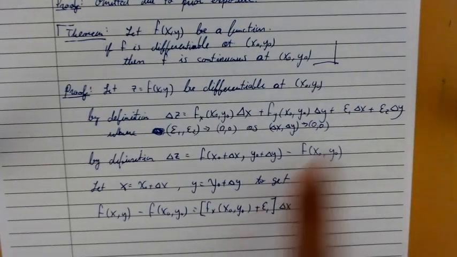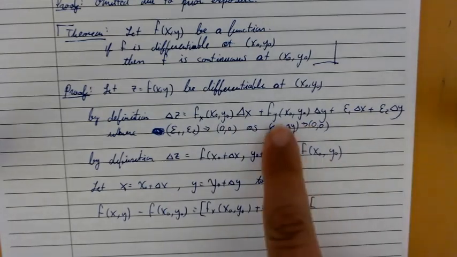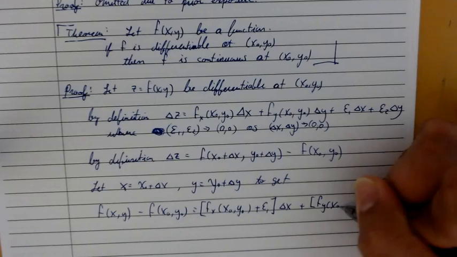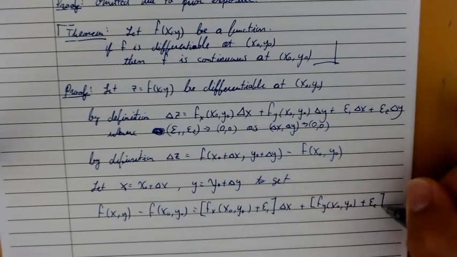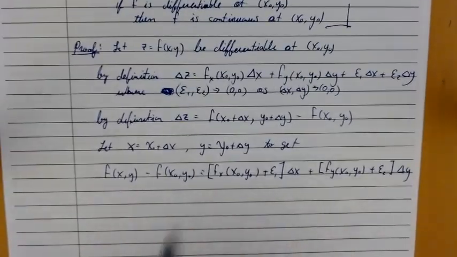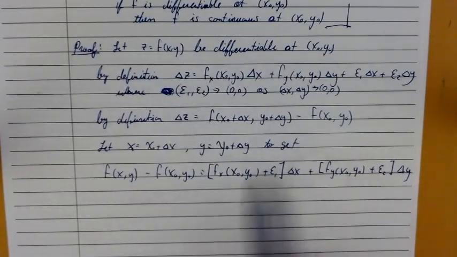Notice if you distribute that, that does give you those two terms. Plus, and then I'll do the same thing for these two, which both have a delta y. So I'll write that as f sub y of x naught comma y naught plus epsilon 2 times delta y. Okay, so these two are equal to each other, right? Delta z equals that, and delta z equals the other, so that must equal the other.